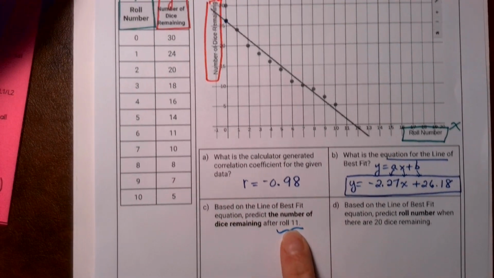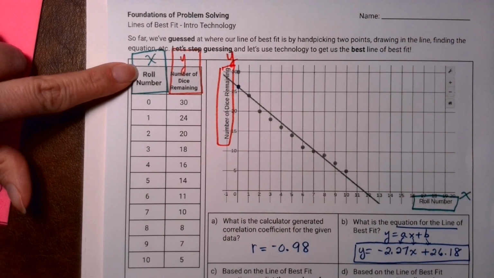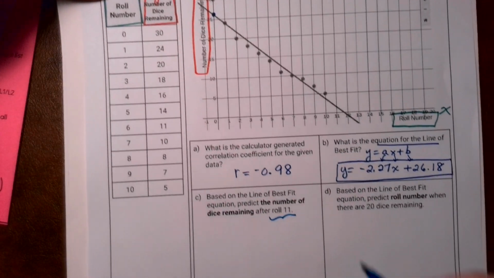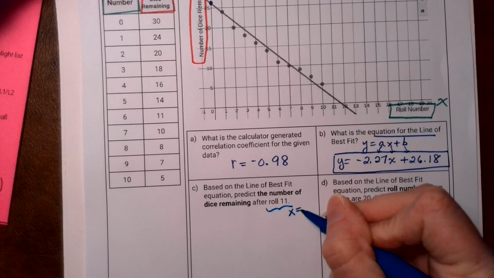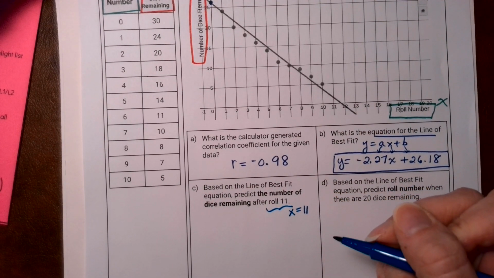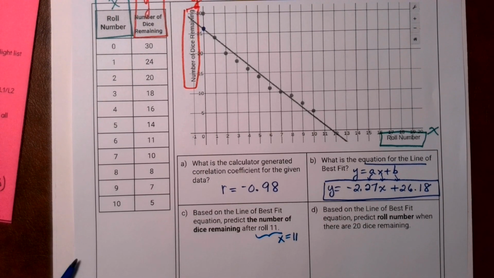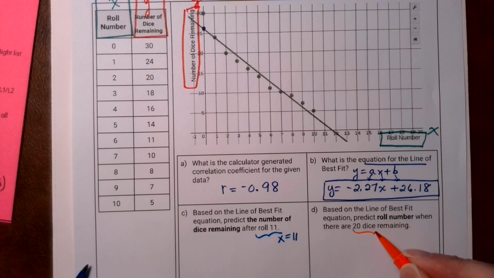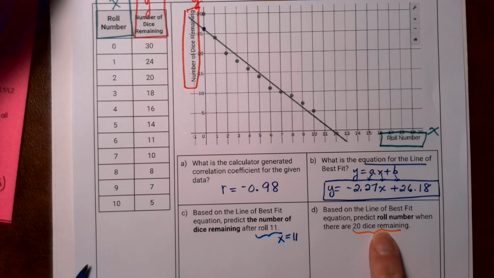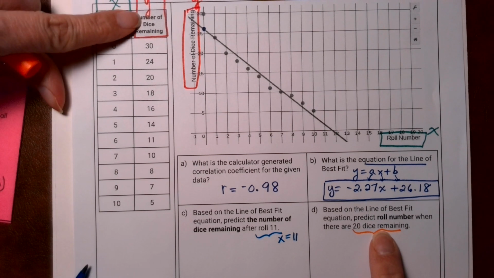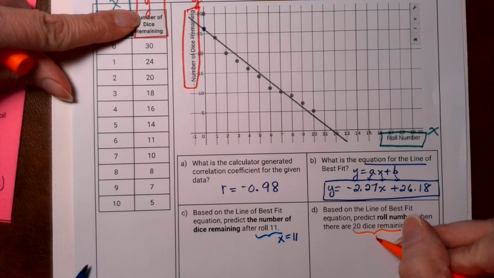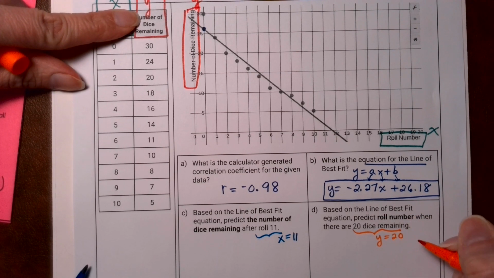Since roll number is x, they want x to be 11. That's very different from this next question: predict the roll number when there are 20 dice remaining. Dice remaining was our y variable. So here, y is equal to 20.